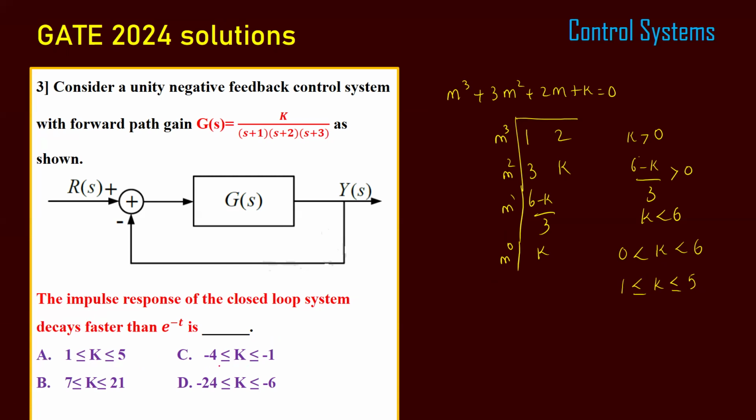The second option is minus 4 to minus 1, which is not there. So option A is the correct one. It satisfies the k condition. K is greater than 0 and less than 6, so we can conclude with option A.